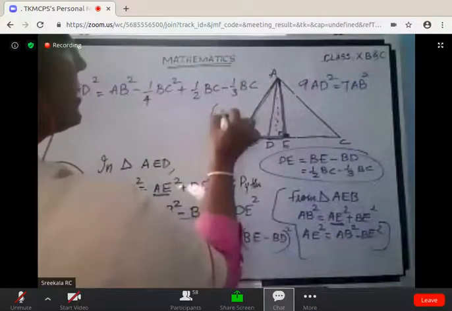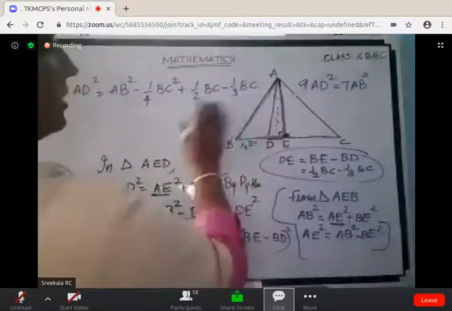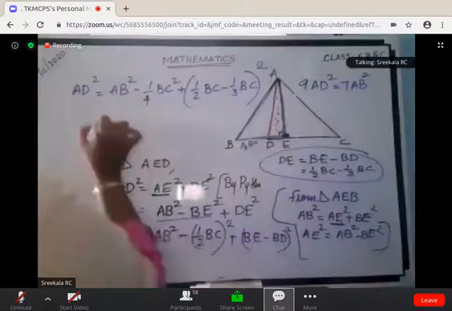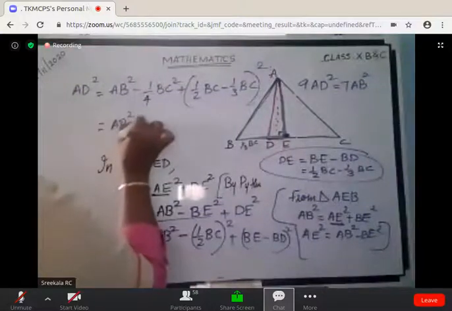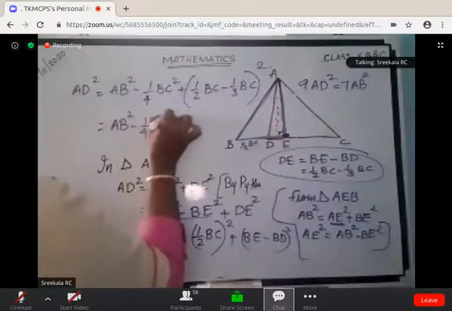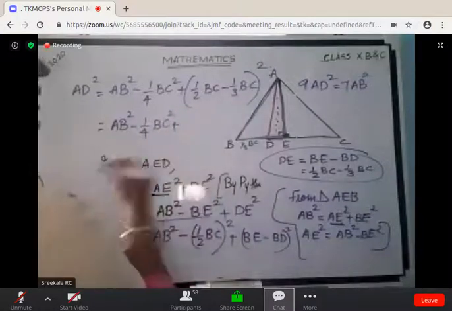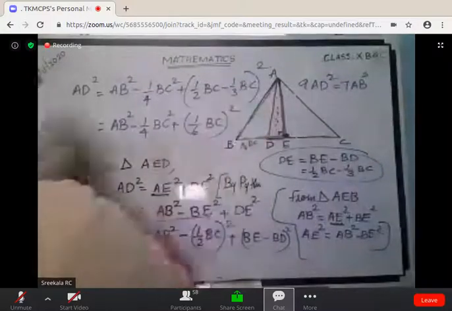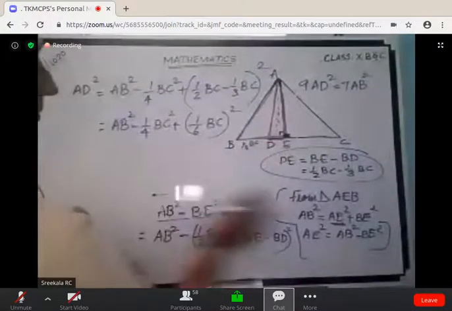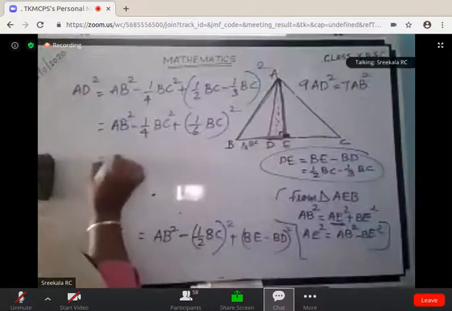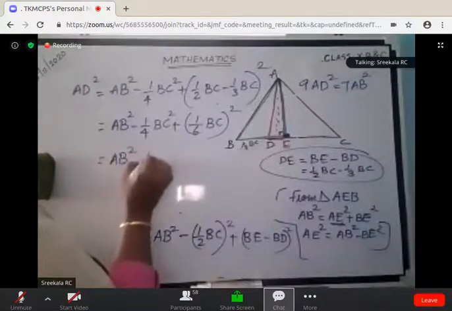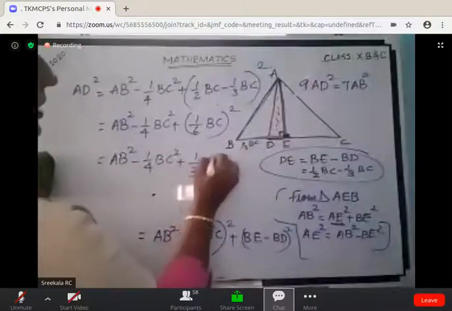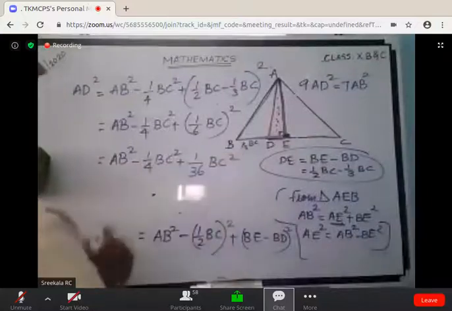So that is AB square minus 1 by 4 BC square plus what is 1 by 2 minus 1 by 3? That is 1 by 6 BC the whole square, meaning 1 by 36 BC square.